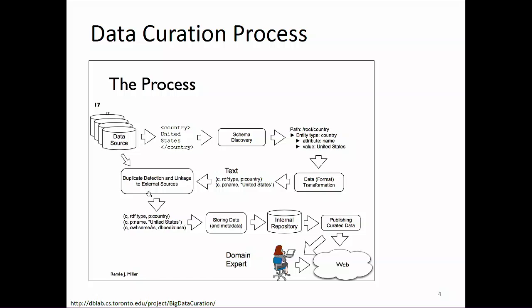And then we try to remove the duplicates: duplicate detection and linkage to external sources. What that actually means is how your data is related to each other if there are multiple sources of the data. If the data is coming from multiple sources, there can be duplicates, right? So maybe the same entity is also recorded somewhere else.